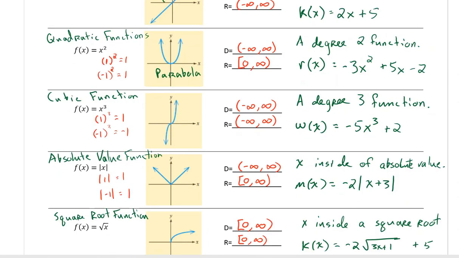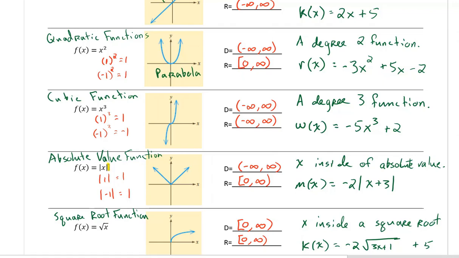Moving on down with the cubic function, like I said before, that's going to keep expanding forever, so its domain is negative infinity to infinity. And the absolute value function will expand forever, so regardless of where that's positioned on the graph, I hope you can imagine that it's still going to have a domain that expands forever, so the domain will be negative infinity to infinity.